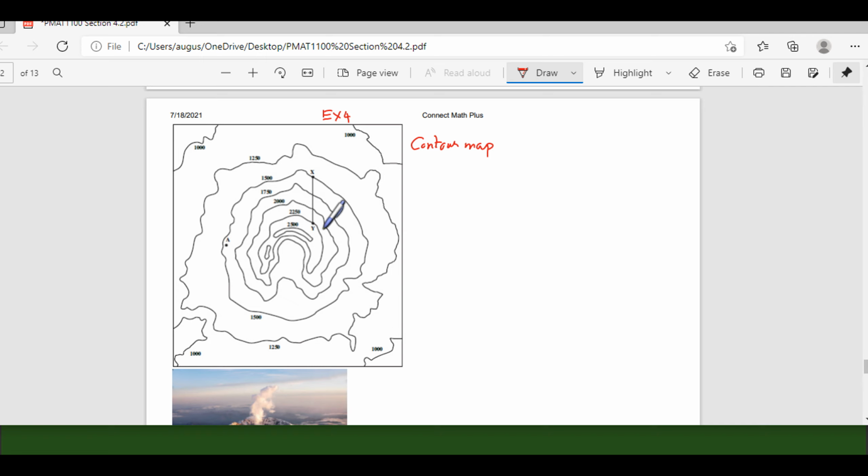You see that right over here it starts from 1,000, then it goes up. The number gets bigger and bigger until the top right here. So this looks like the top of a mount. I don't know the name of the mount, so maybe they give you the name over here.